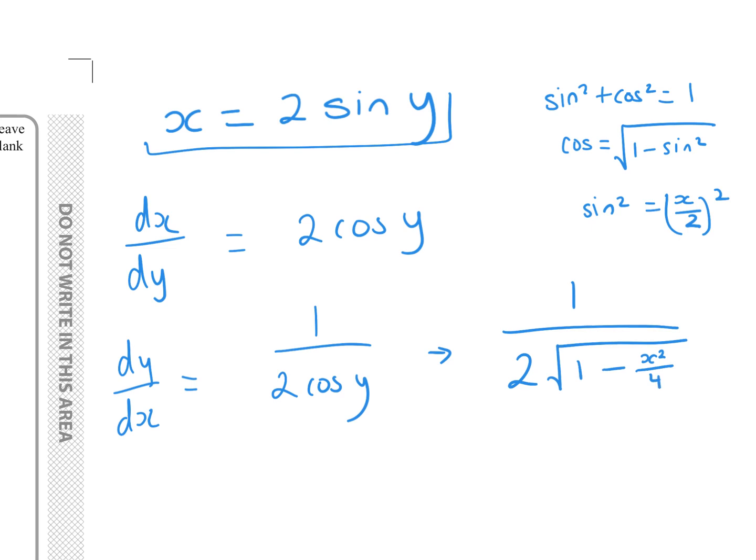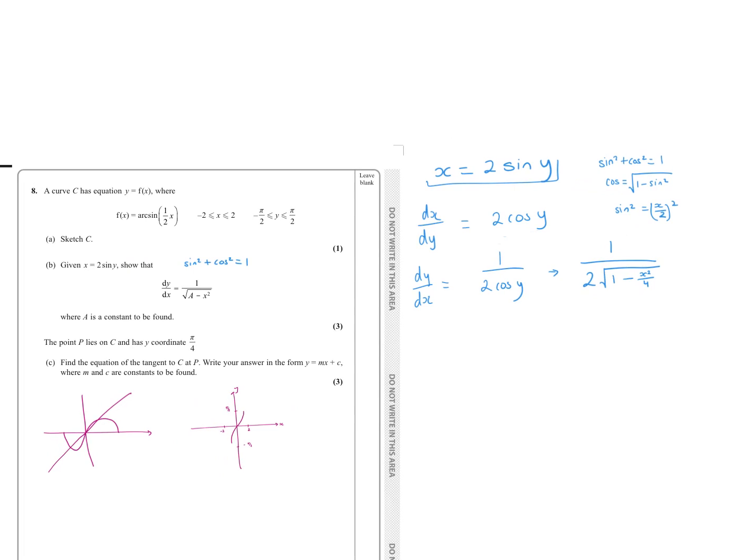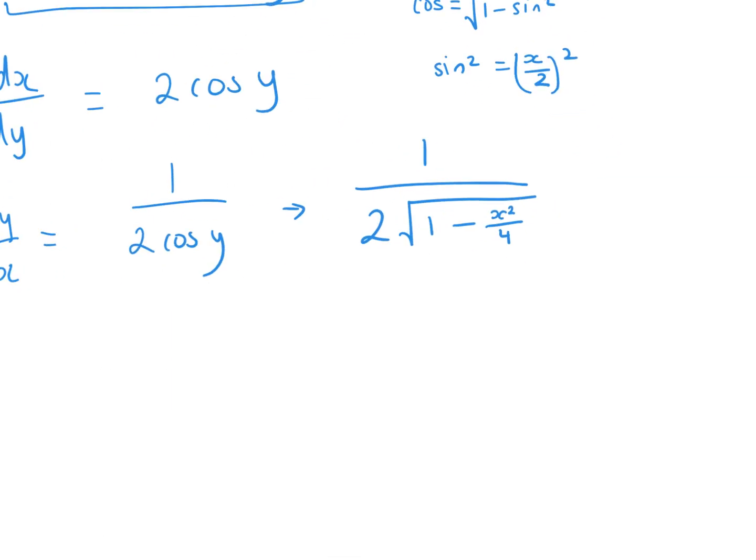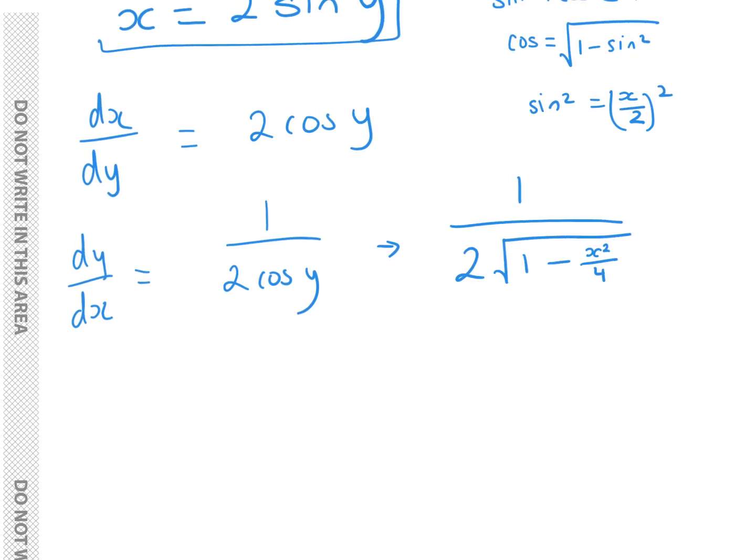Now this is the part, because it wants it in the form root a minus x squared. Right, so here we go. So, 1 over root 4 times root 1 minus x squared over 4. What is root 4? 2.